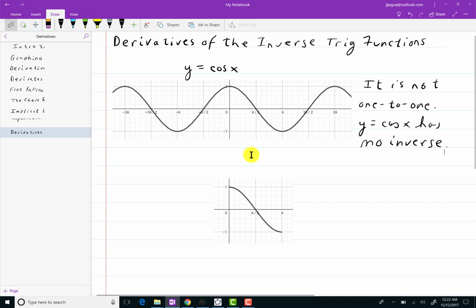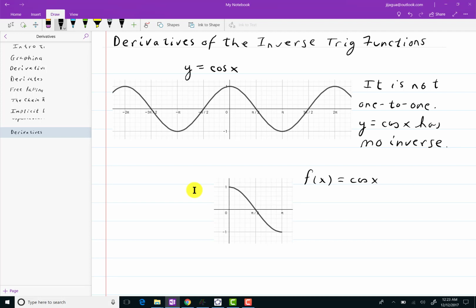So with this in mind, I've specifically called this y equals cosine of x because I want to use the notation f of x equals cosine of x for what we have. All it is cosine, but limited to 0 to pi.